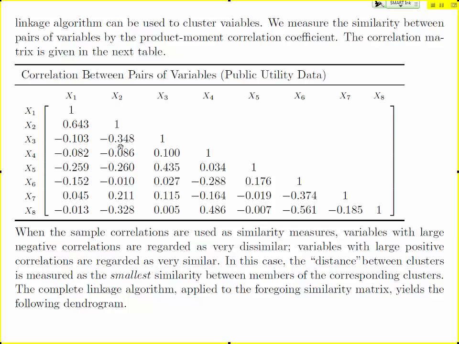In R, what I've seen people do, if you look at the help file for the dist function, it actually has an example of using correlations as distances. And the way that they do it is they say as.dist of 1 minus a correlation matrix, and then that difference divided by 2.